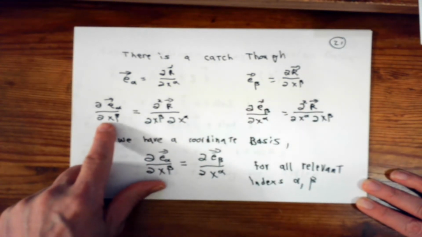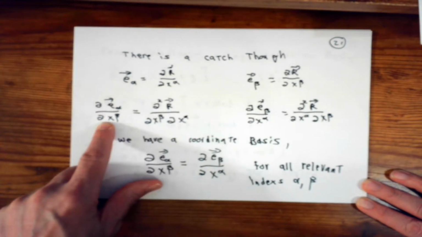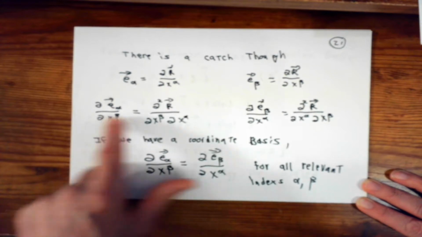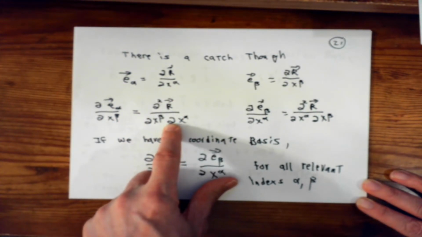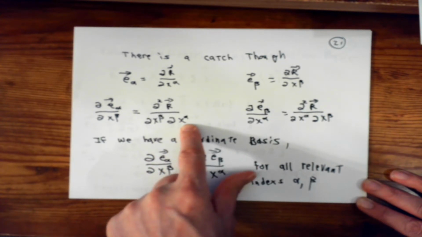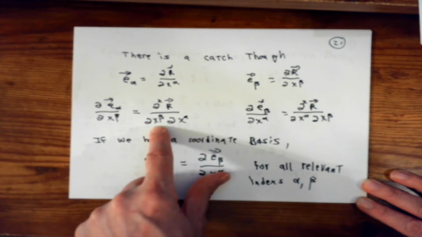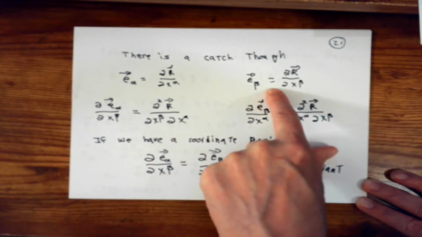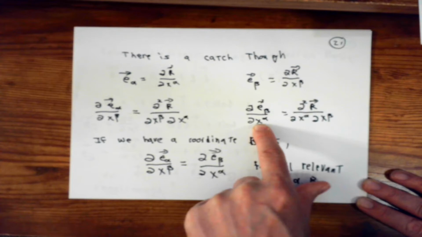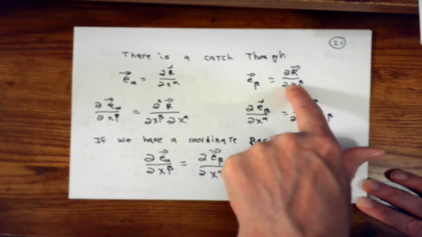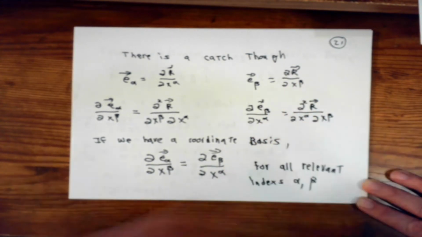If I take the partial derivative of E alpha with respect to x beta, that'll be the second derivative of position, first with respect to coordinate alpha, later with coordinate x beta. If this is E beta, then partial of E beta with respect to x alpha is the derivative with respect to x alpha of that, which is that.